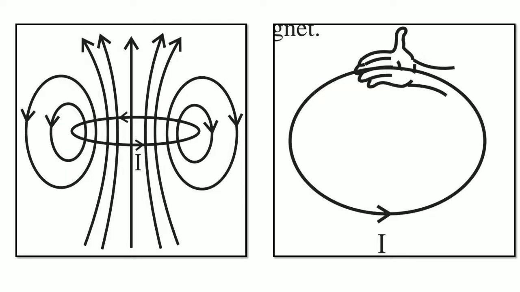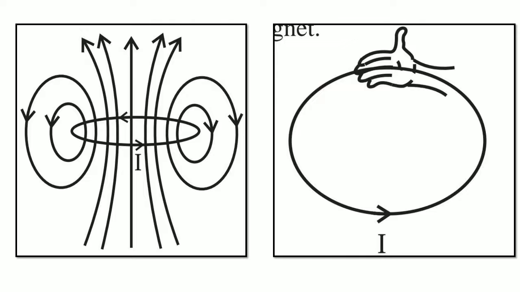Curl the palm of your right hand along the circular wire, as you can see on the right side of the diagram, with the fingers in the direction of the current. The stretched right hand thumb then gives the direction of the magnetic field.